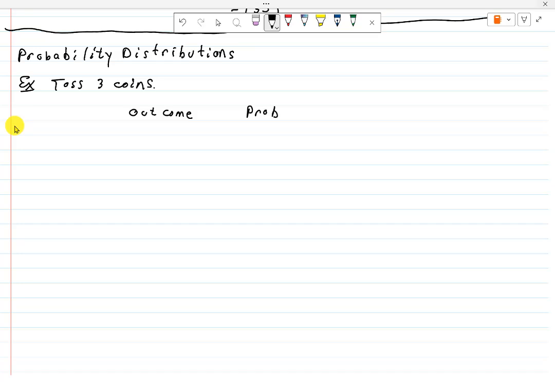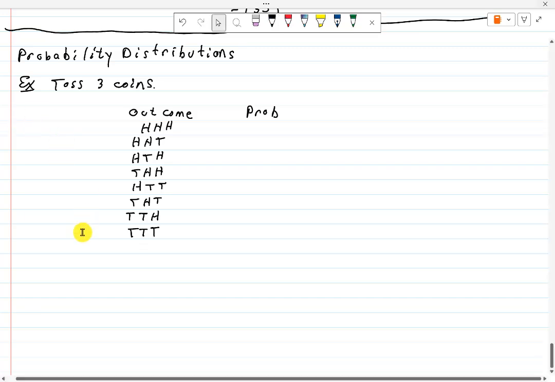So let's take a look at some of the outcomes here. We have H, H, H. Then we had H, H, T, H, T, H, T, H, H. And then we had H, T, T, T, H, T, T, T, H, and then finally T, T, T. Each of these were equally likely with a probability of 1/8.